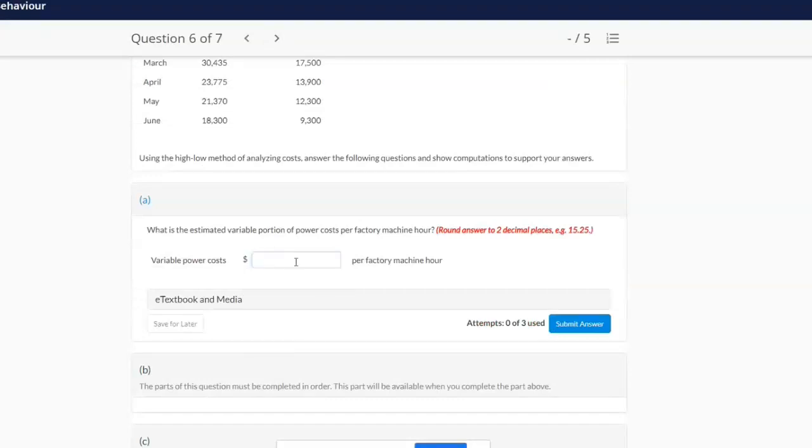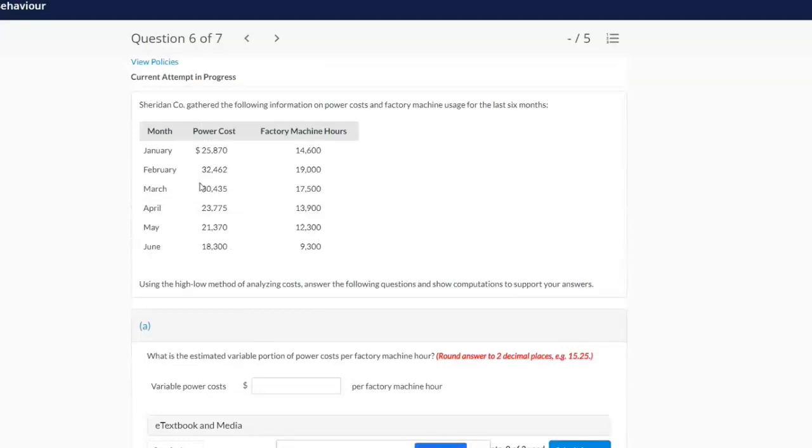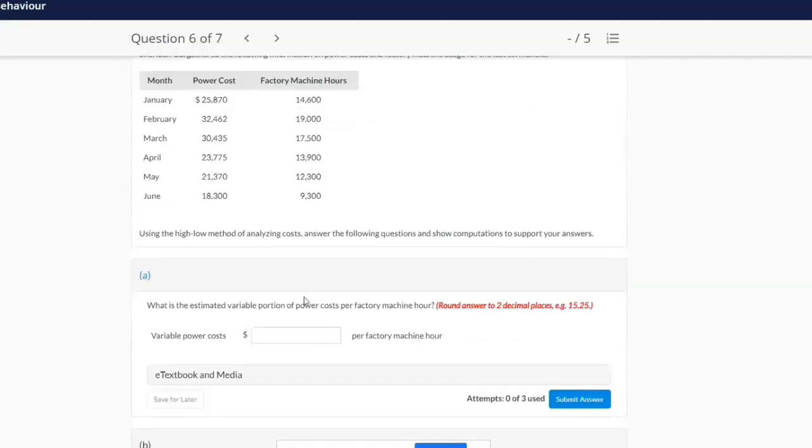Using the high-low method of analyzing costs, answer the following question and show computations to support your answer. What is the estimated variable portion of power cost?